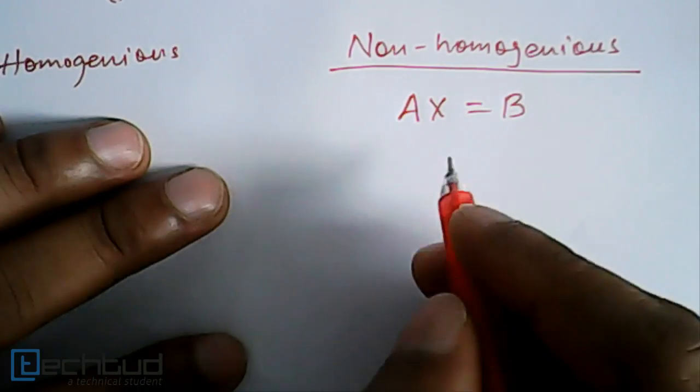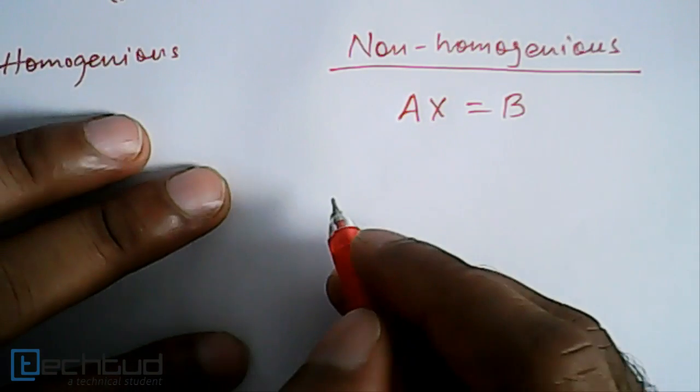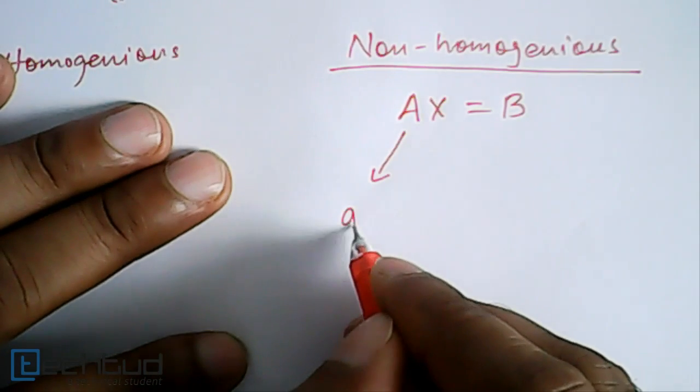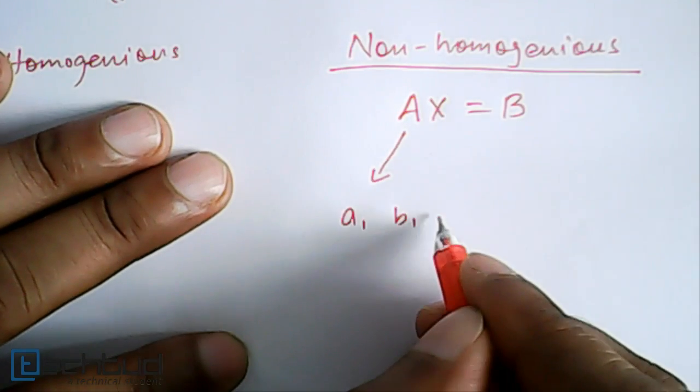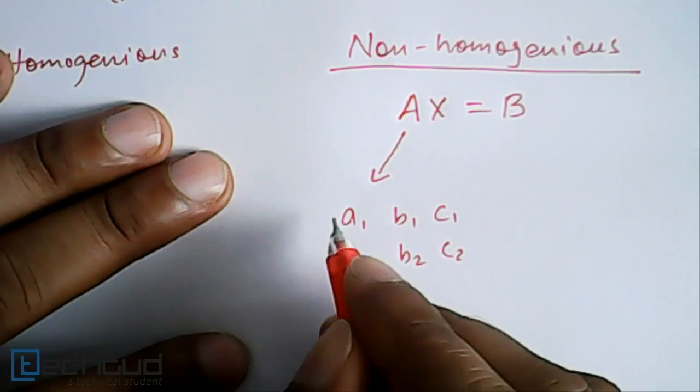Here we have two kinds of terminologies to use. First is the coefficient matrix, which is A. A is basically a1 b1 c1, a2 b2 c2 and so on.